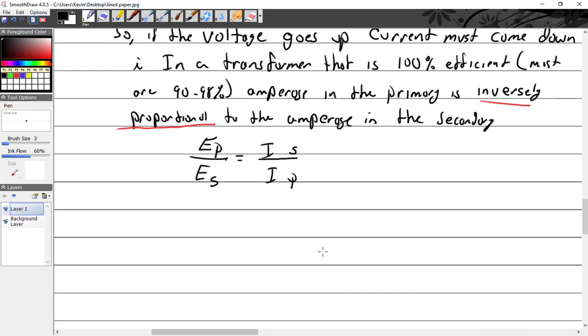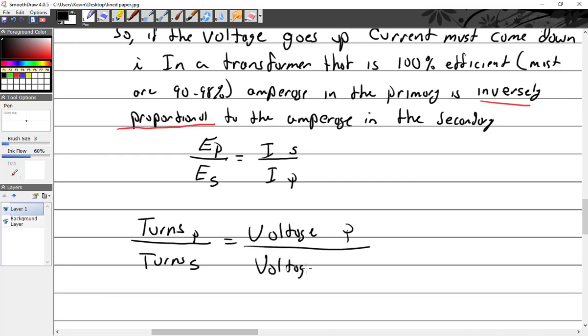Or we could put it all together and say turns of the primary over turns of the secondary is equal to voltage in the primary over the voltage in the secondary, which is equal to the current in the secondary over current in the primary.